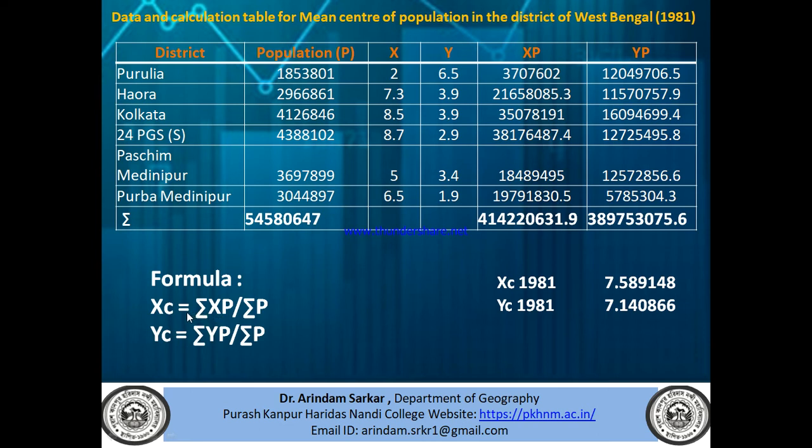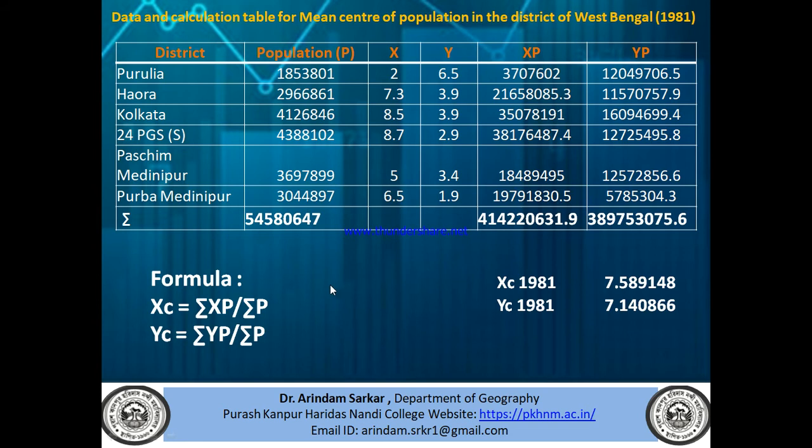What is xc? That is the summation of xp divided by the summation of P. Then I get 7.58 centimeters for xc for the year 1981. And what will be the yc formula? That is the summation of yp divided by the summation of P. That is the y location of this particular area.